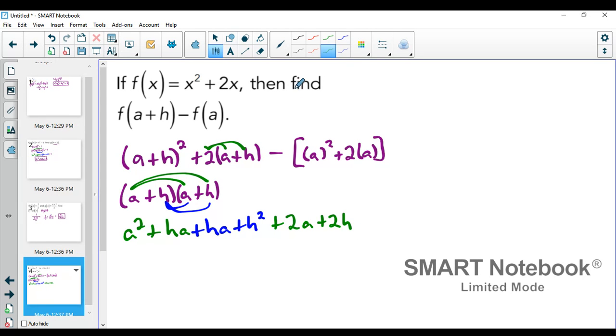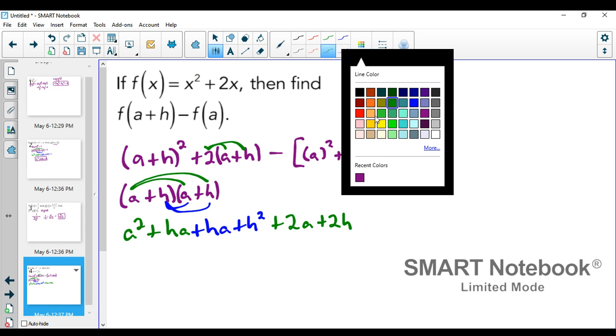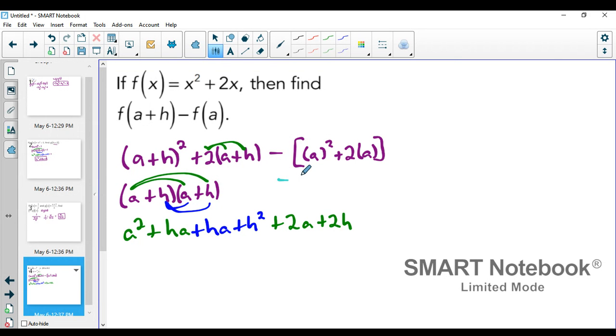All right, now, in between that, I'm going to put this in a different color here. We are going to simplify, let's use this blue. We're going to do this minus, and then a squared we're going to leave as a squared, and then this becomes 2a. And we're going to distribute this minus as a negative 1 into here.